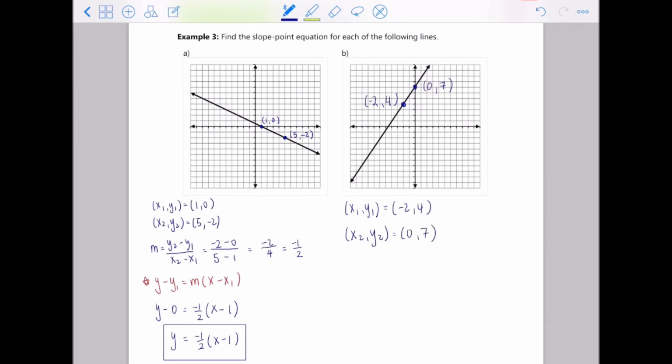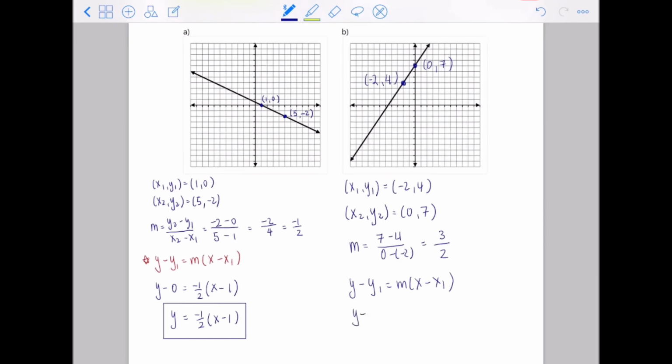Okay, so once we have those 2 points listed here, we can find the slope. So m equals 7 minus 4 over 0 minus negative 2. So we get 3 over positive 2. So slope is 3 over 2. We have equation y minus y1 equals m times x minus x1.